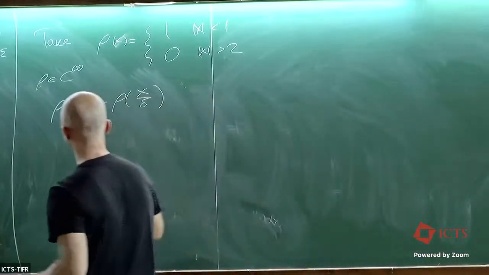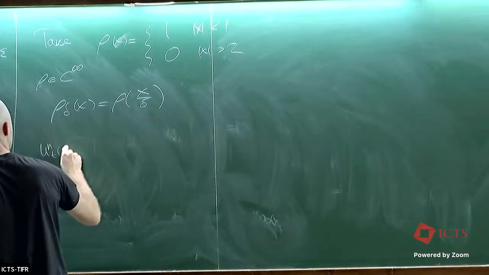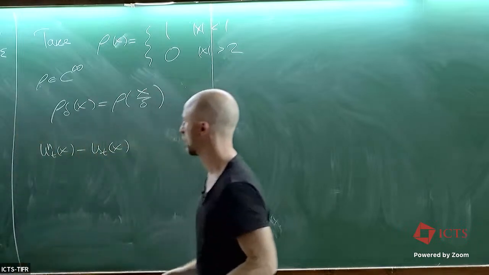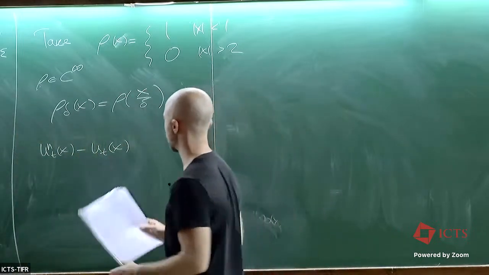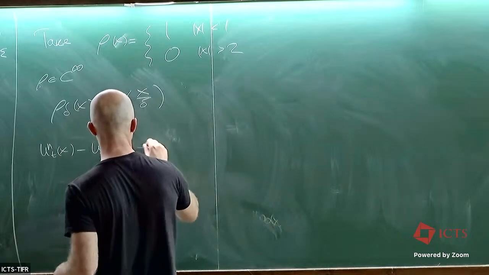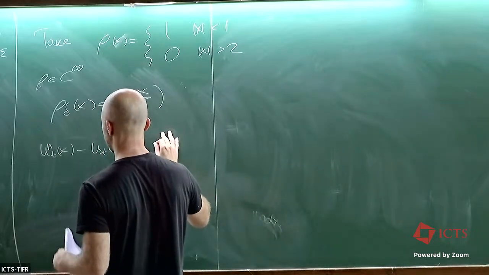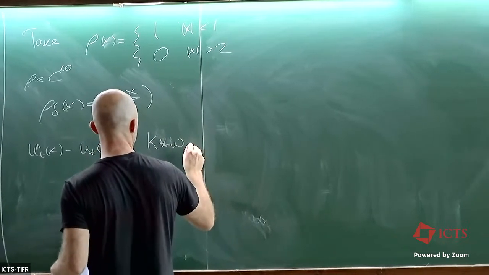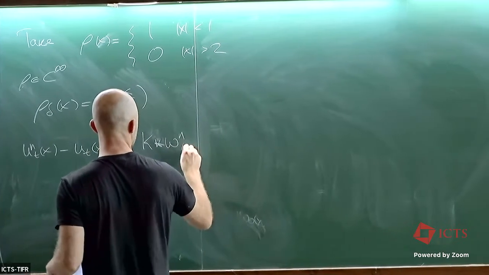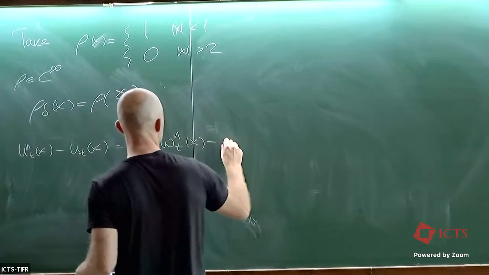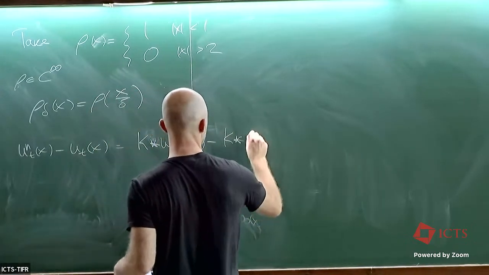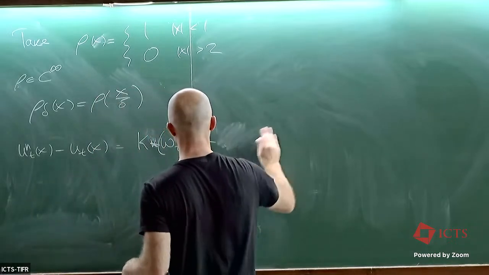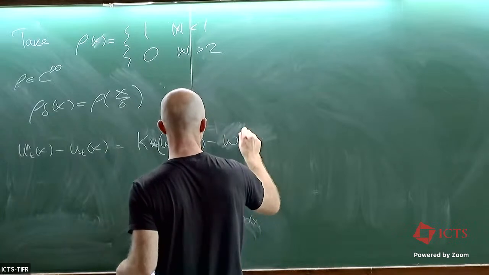Now let us compare the velocity un minus the limiting u. We don't know yet that it's a velocity, but it's the limiting u. Now let's write this as k convolution with omega n minus k convolution with, even better, let's write it as k convolution with omega n minus omega.